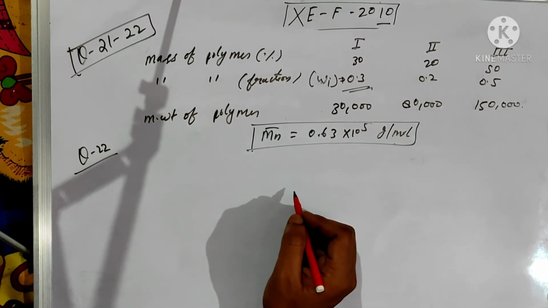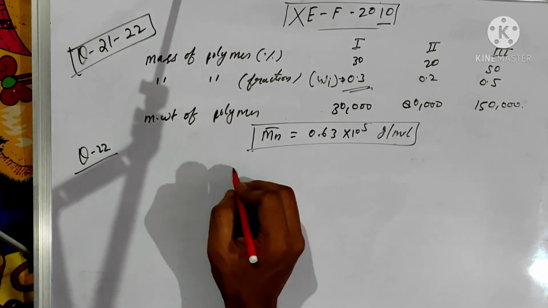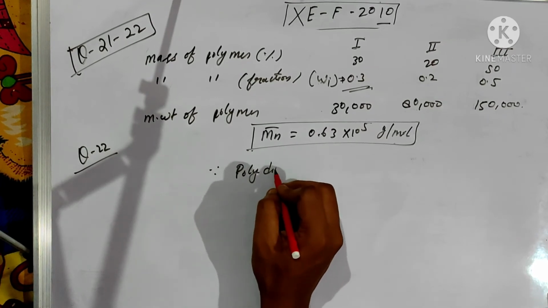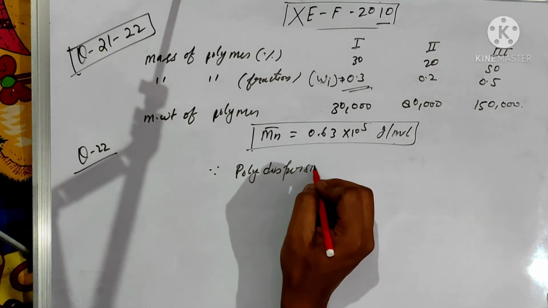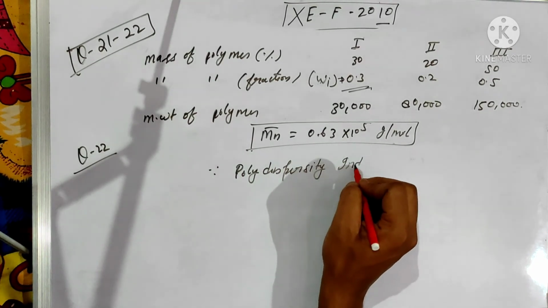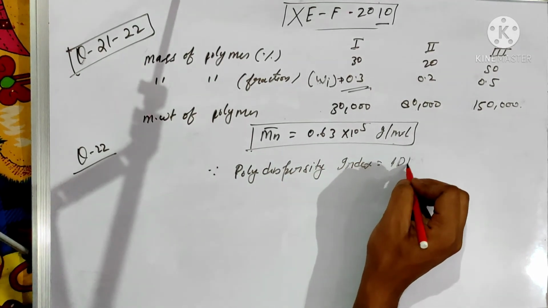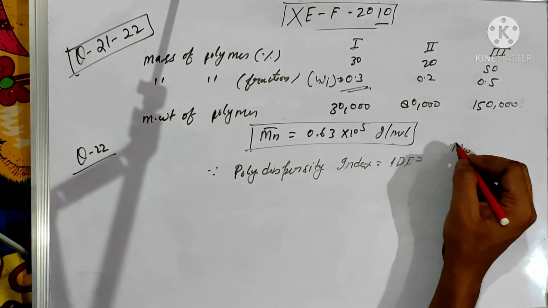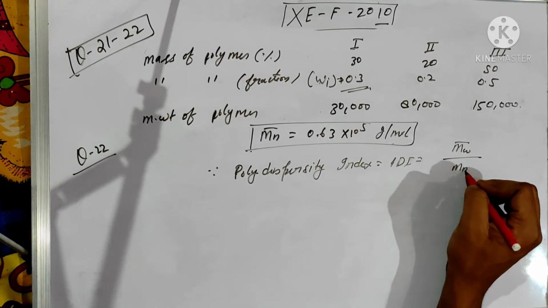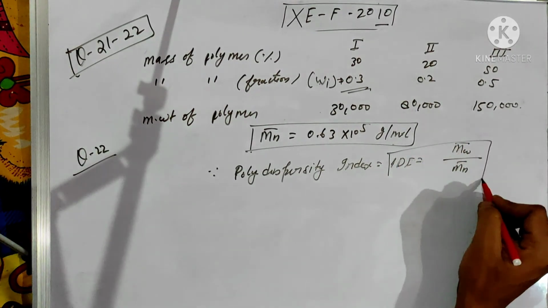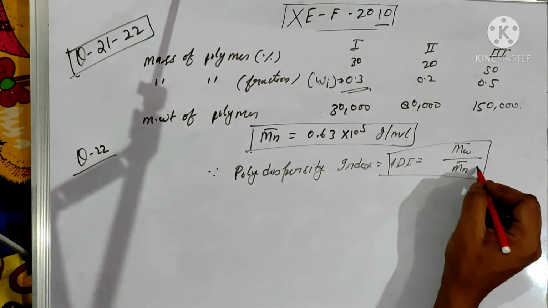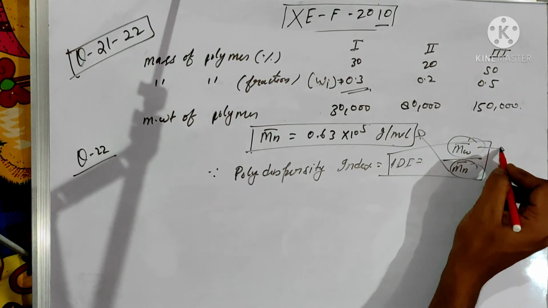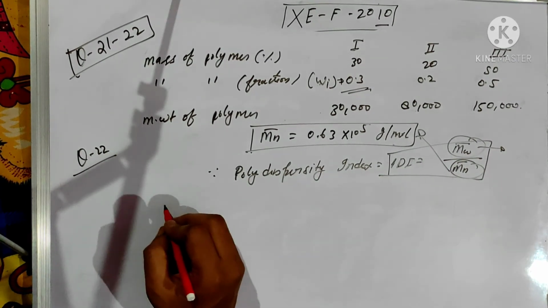Then in question number 22, calculate the polydispersity index. Polydispersity index PDI is equal to the ratio of the weight average molecular weight divided by the number average molecular weight of the polymer. The number average molecular weight is calculated, so now calculate the weight average molecular weight of the polymer.